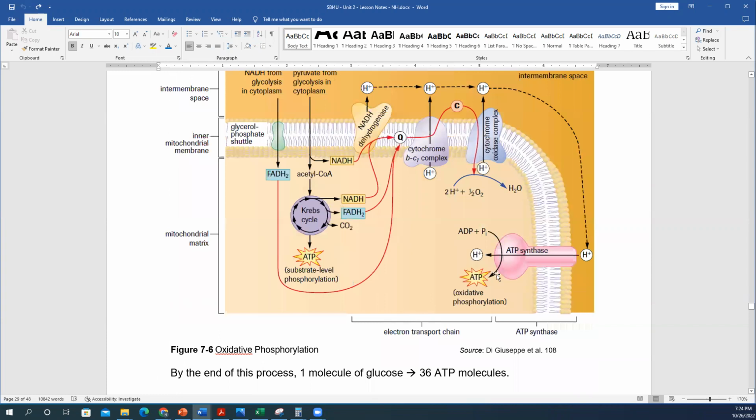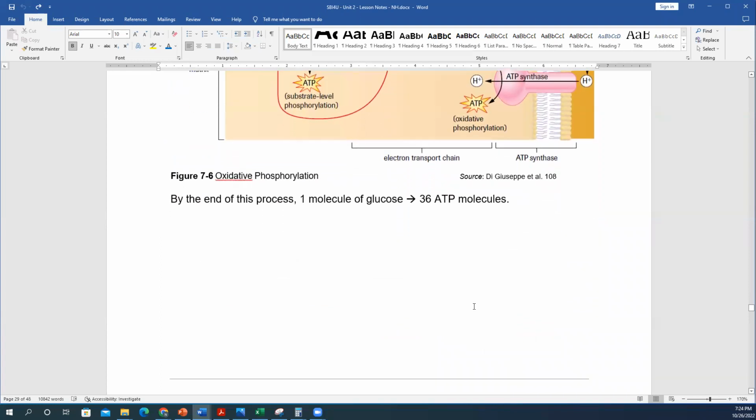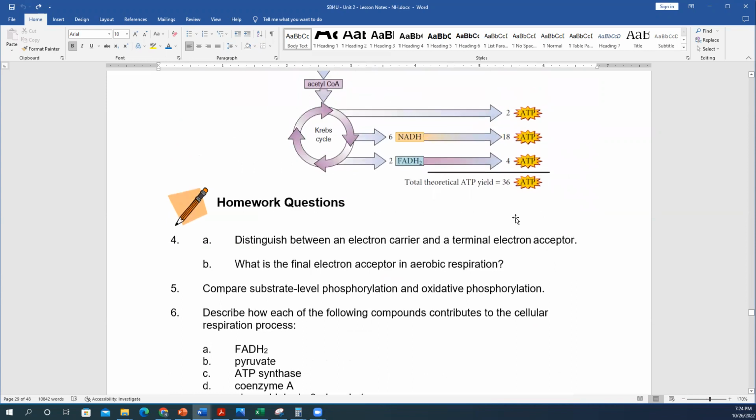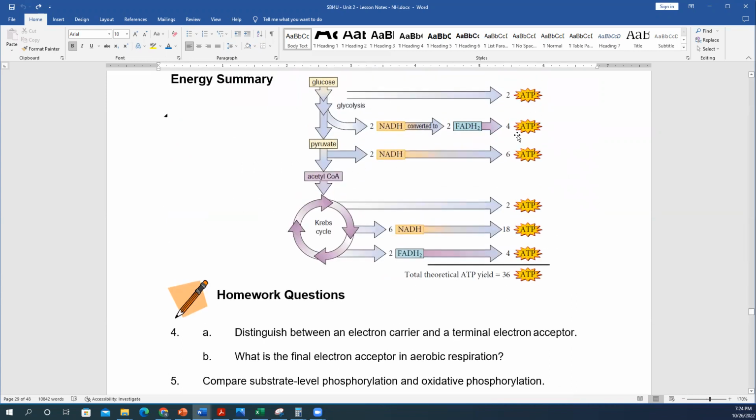And finally, all of these protons that are built up in the intermembrane space are transported across ATP synthase, and the energy from this proton gradient, again, is used to make ATP through oxidative phosphorylation. And so by the end of the process, from 1 molecule of glucose, you get a grand total of 36 molecules of ATP, and that energy breakdown is summarized for you here, a grand total of 36 ATP.